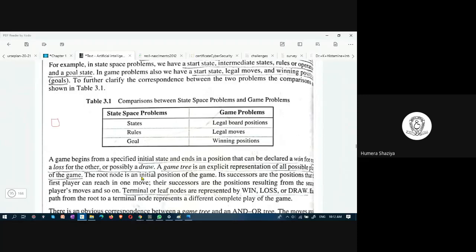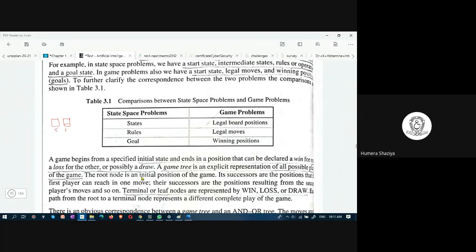This is 5 liter. This is 3 liter. This is one state. Likewise, you have a different number of states.